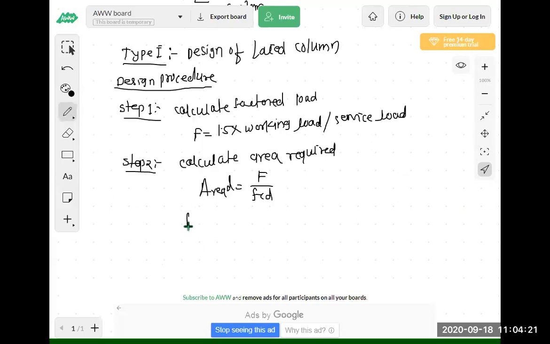As we are assuming here FCD, assume FCD is equal to, as I told you, 120 to 180 Newton per mm square. So this is step number 2.